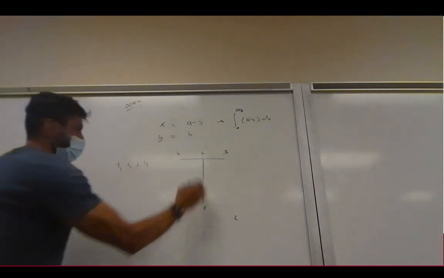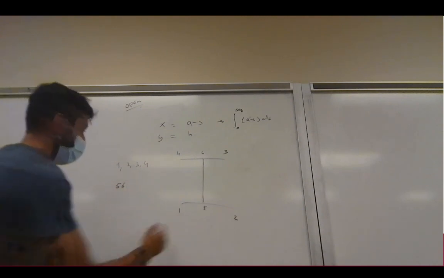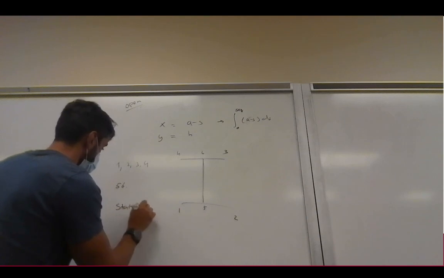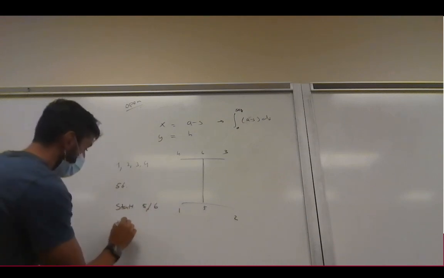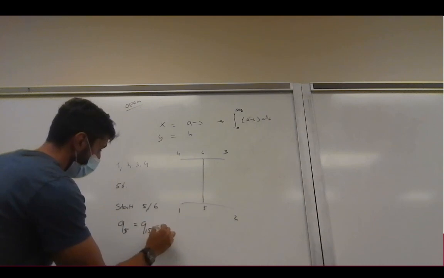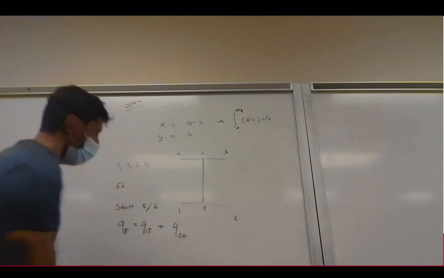However, when we go from 5 to 6, the start point is equal to Q1,5 plus the flow coming in from 2,5.